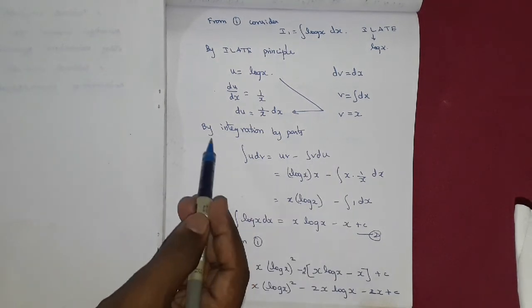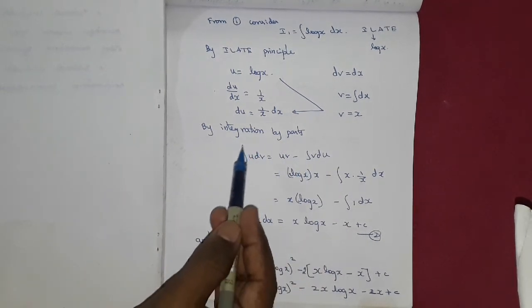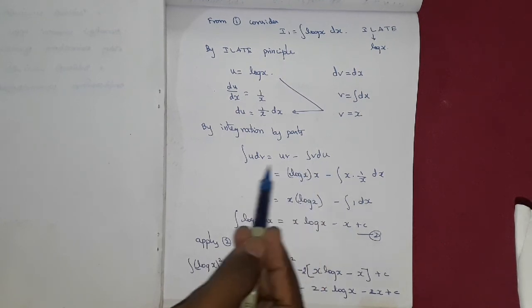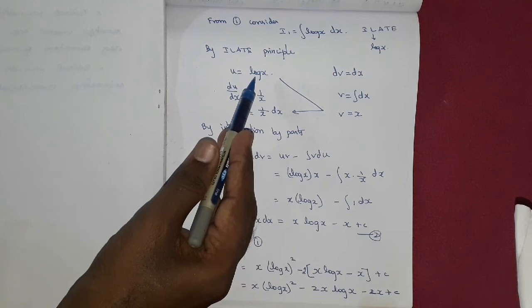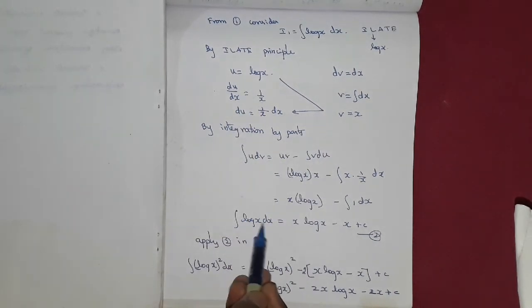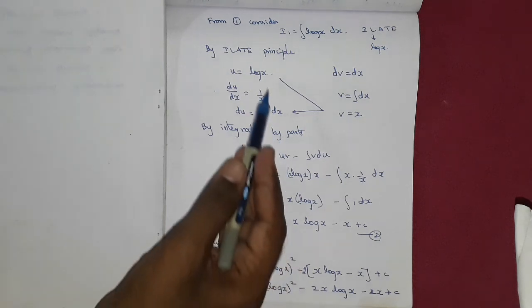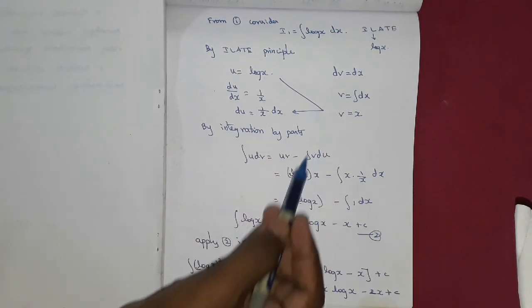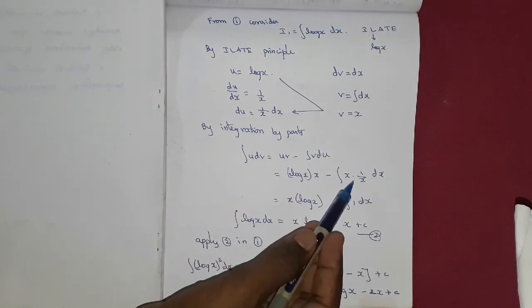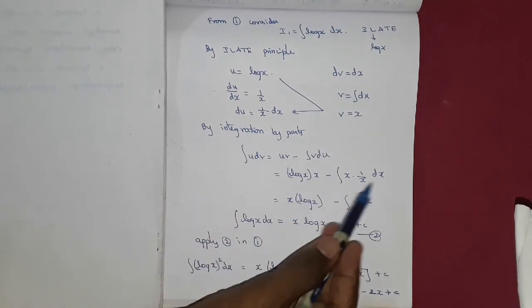That's all. So by the integration by parts formula, integral u dv equal to uv minus integral v du, right? So u is log x and dv answer is dx. So integral log x dx equal to uv. So log x into x minus integral v du. v answer is x into du answer 1 by x into dx.